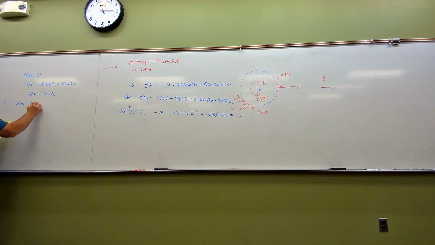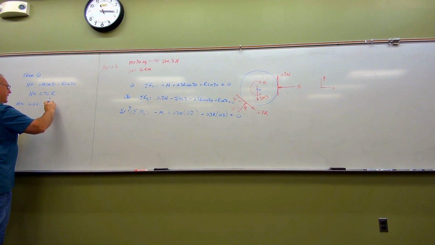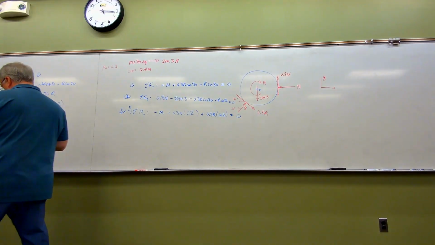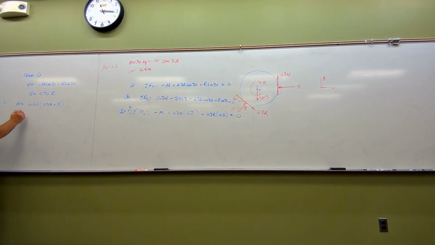So 0.06 times n, which is 0.76r, plus another r. So let's just add another r to that. In other words, I'm taking care of this term here as well. So when all is said and done here, folks, I'm going to have that being equal to 0.06 times 1.76 times r. And I'm just down now to figuring out what r is.